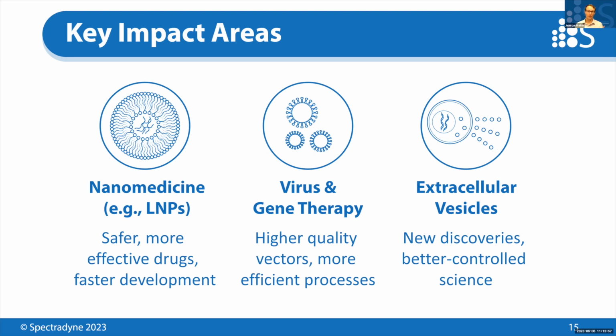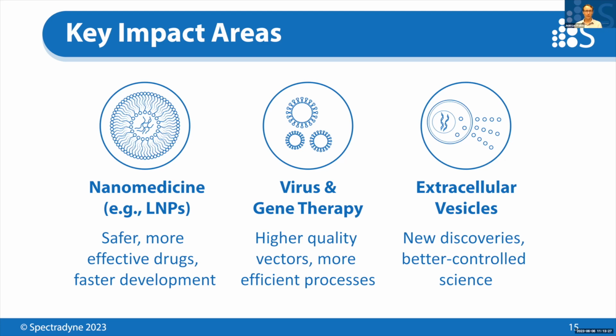We'll be able to measure what fraction of your lentivirus carries the genomic material for the transfections, and ultimately more efficient processes there. And in extracellular vesicles research, this is generally earlier stage, but it will allow for better quantification, better controlled science, and ultimately new discoveries.